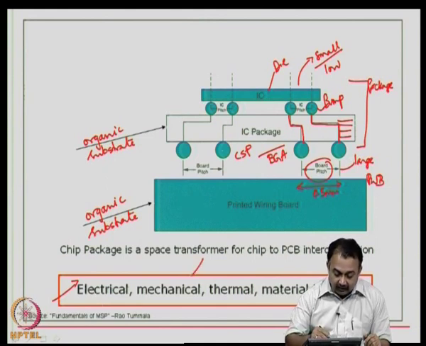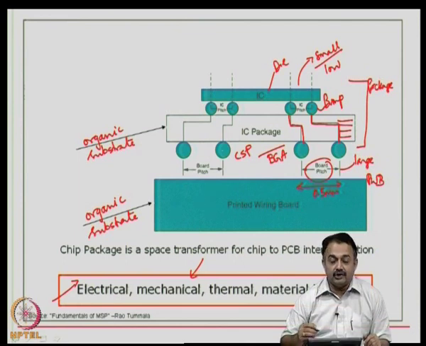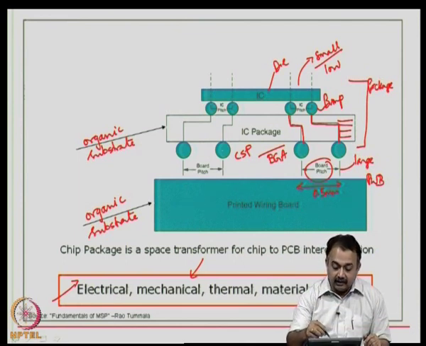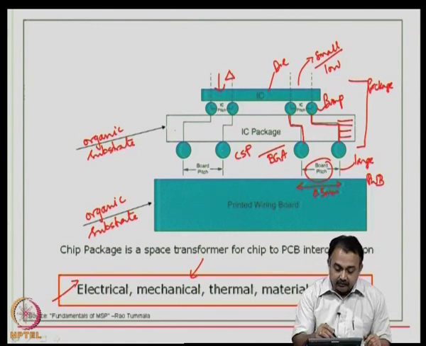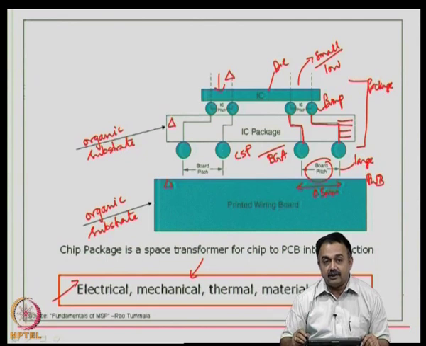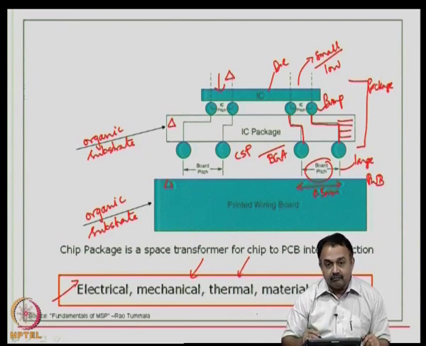Then we have mechanical issues. If you do not take care of thermal management, then typically your die can crack. This is a very important area where heat can play a major role. Your die can crack, your package can get warped, or your board surface and the solder joints can get affected due to thermal issues, or the thermomechanical reliability becomes a question.